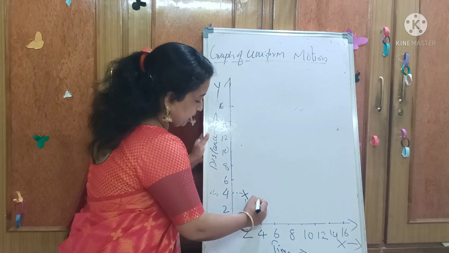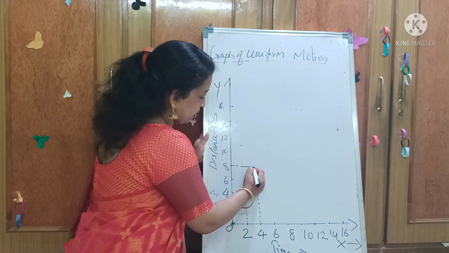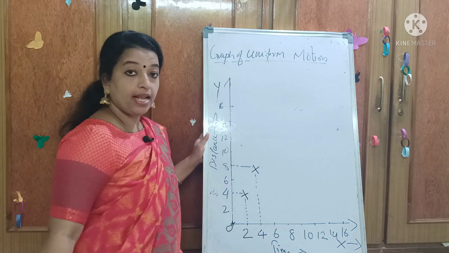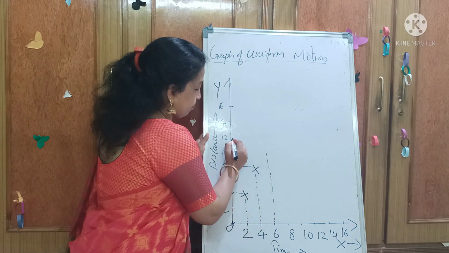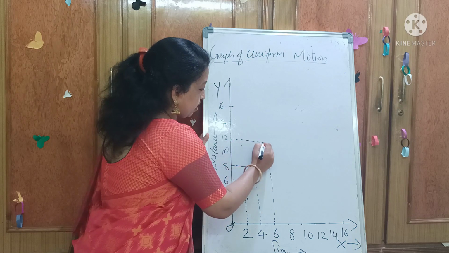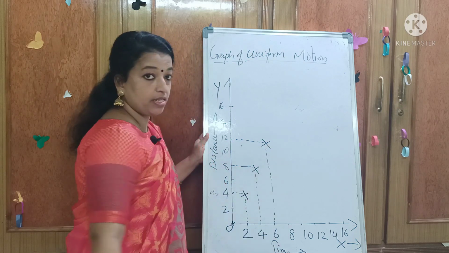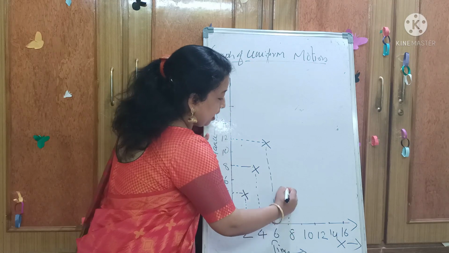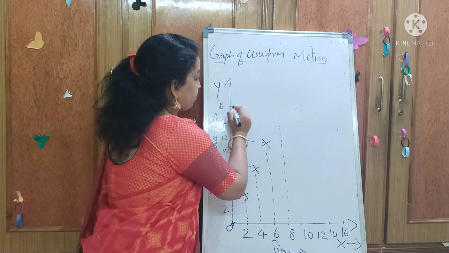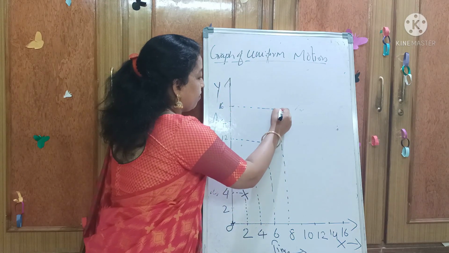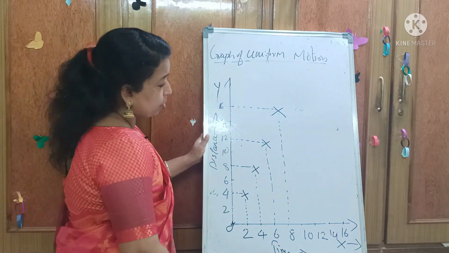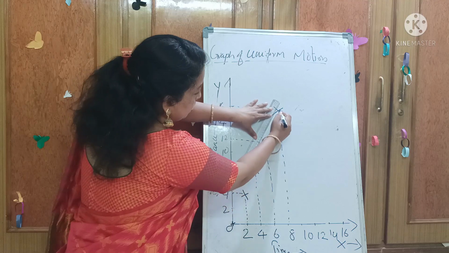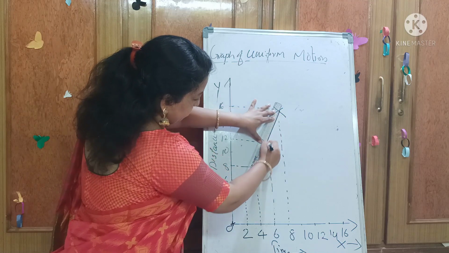In the next 2 seconds, it covers 8 meter. In the next 2 seconds, it covers 12 meter. And finally, at 8 seconds, it covers 16 meter. Now just join those points.